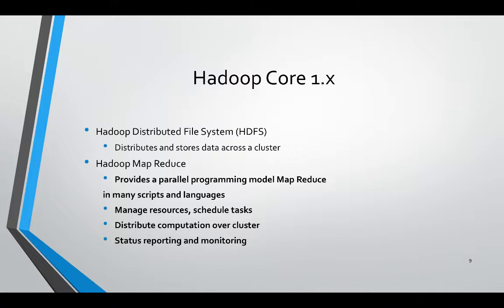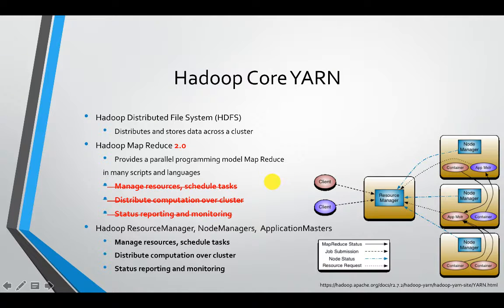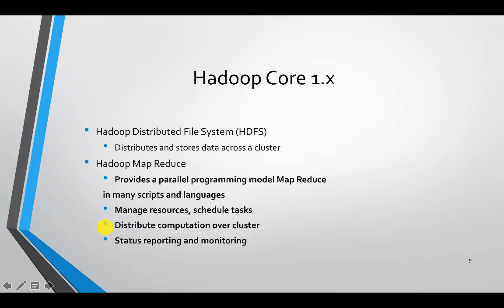In the early version of Hadoop, the main components are the file system called Hadoop Distributed File System that stores the data across a cluster of computers, and it also manages redundancies, backup, recovery, etc. And we have this big component, Hadoop MapReduce, that not only provides the parallel programming model, but it also manages all the resources, all the scheduling, all the parallel components that are involved in this elaboration.